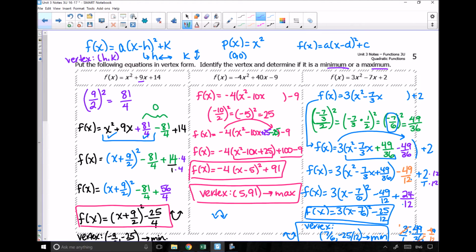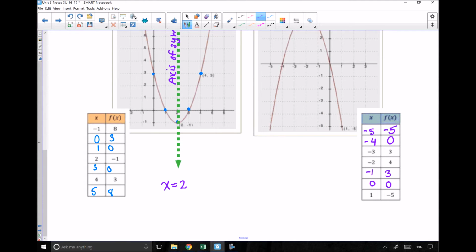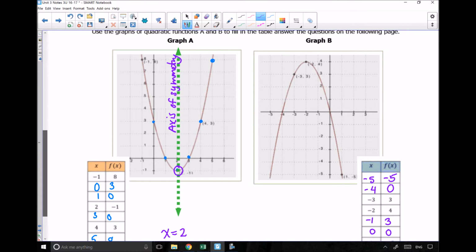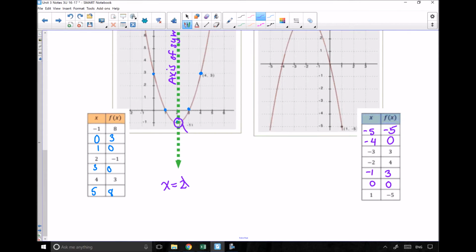Then it also asked us to find the vertex. Now the vertex is just going to be at the highest point or the lowest point. So your vertex, also known as your turning point, is going to be 2, -1.